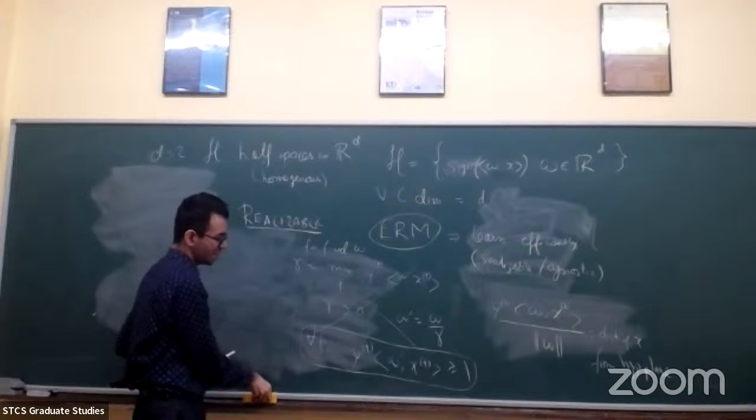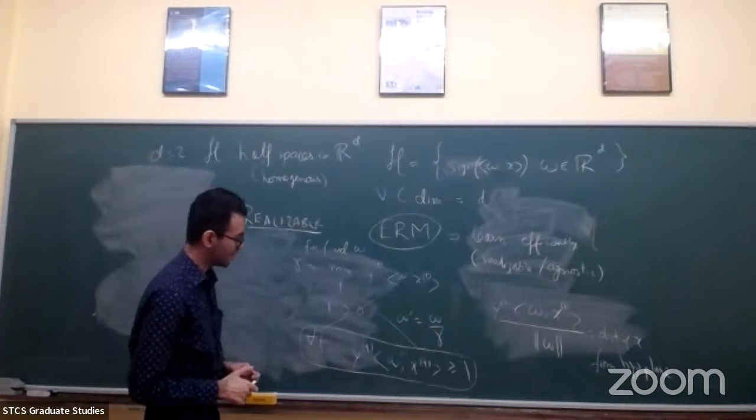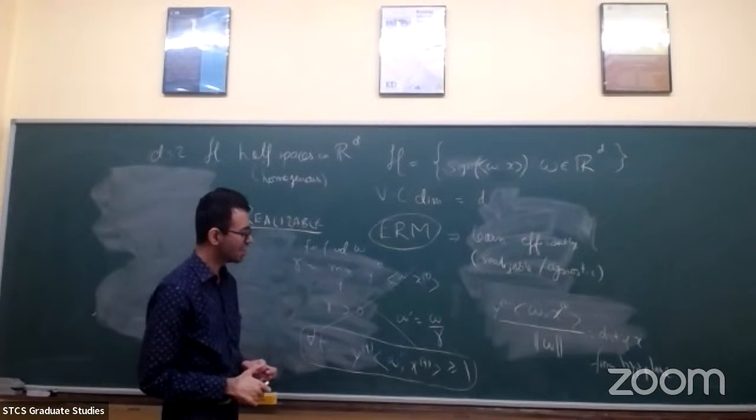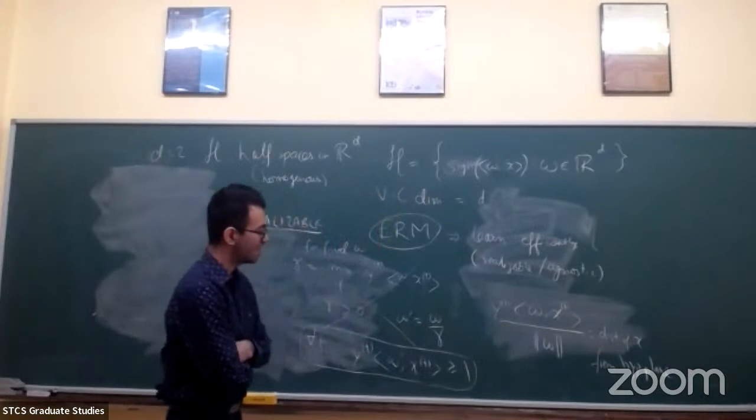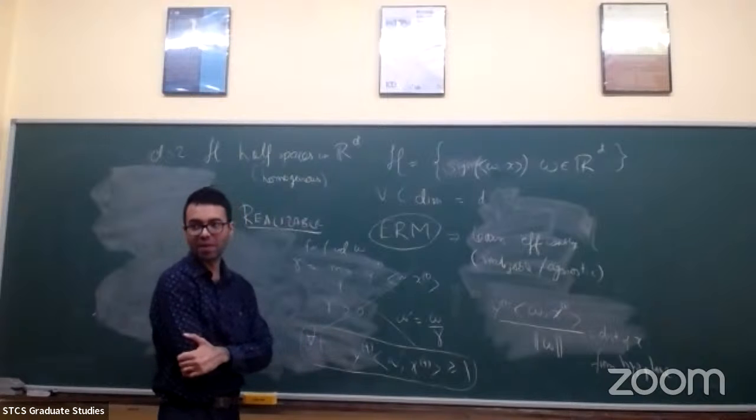By the way, okay, a trick question. Can I assume that the norm of W is 1 in the setup? Can I assume it or can I not assume it?